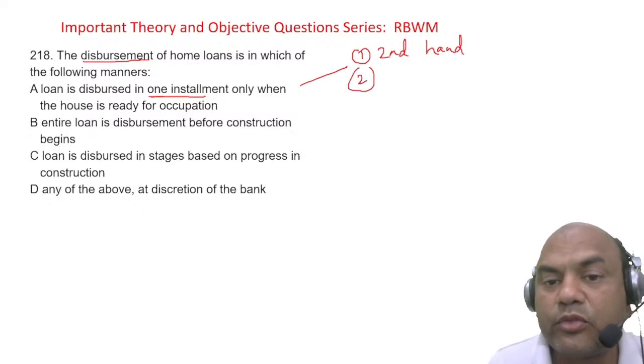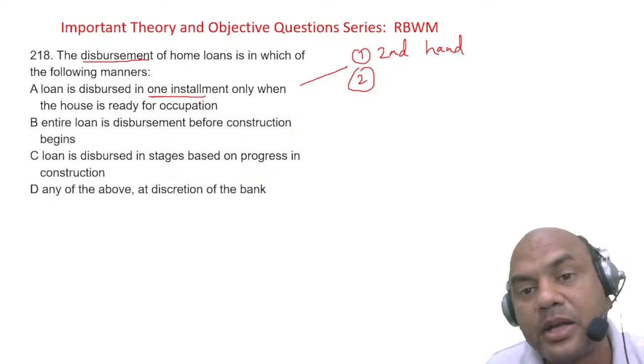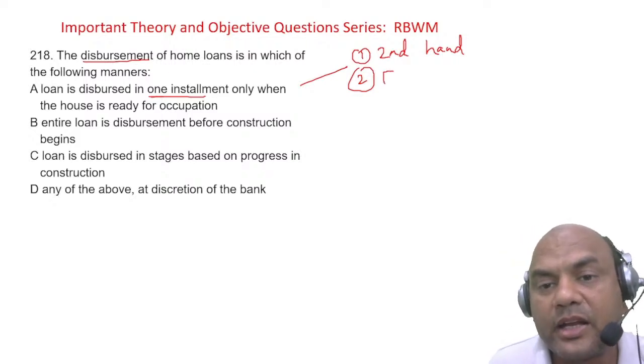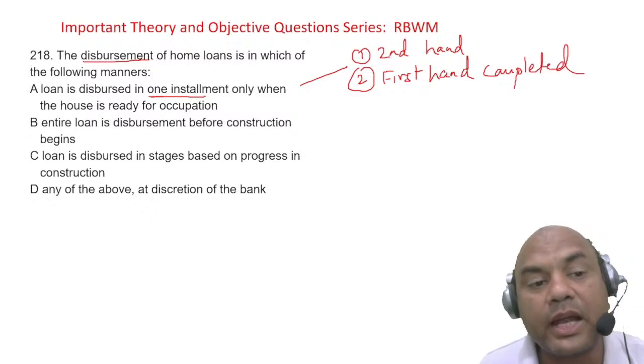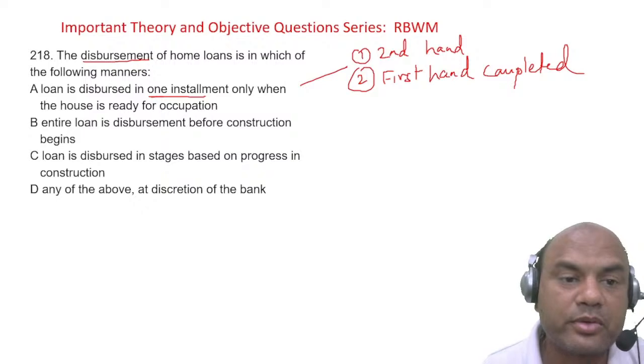Second, you buy a first-hand flat, but which is already completed. So in that case, it will be disbursed in one installment only.